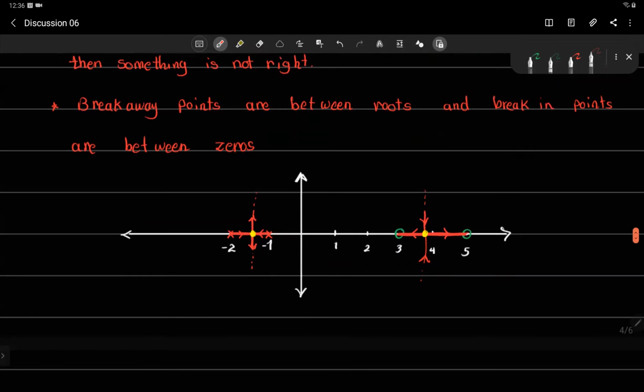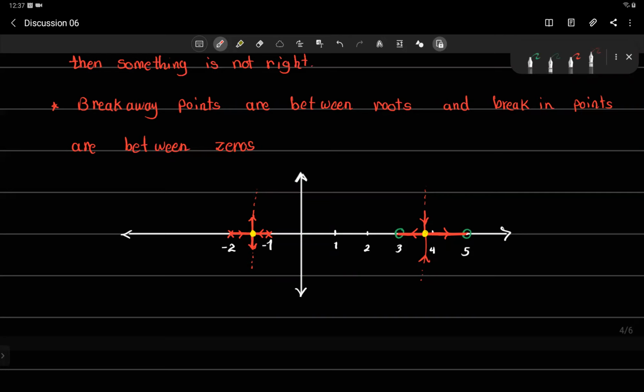Now, when we look at this picture, because we have an equal number of finite poles and zeros, we know that there are no asymptotes. And we know that the root locus starts at the poles and moves towards the zeros.